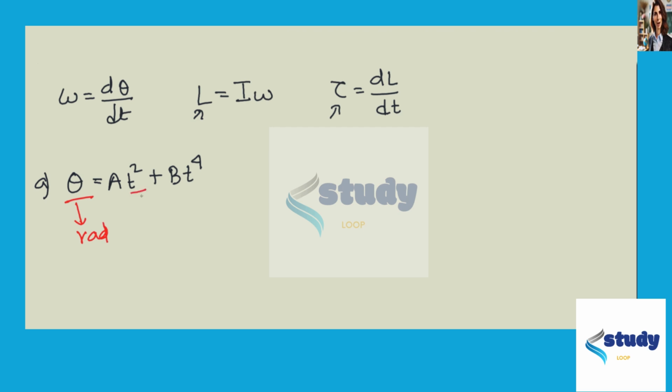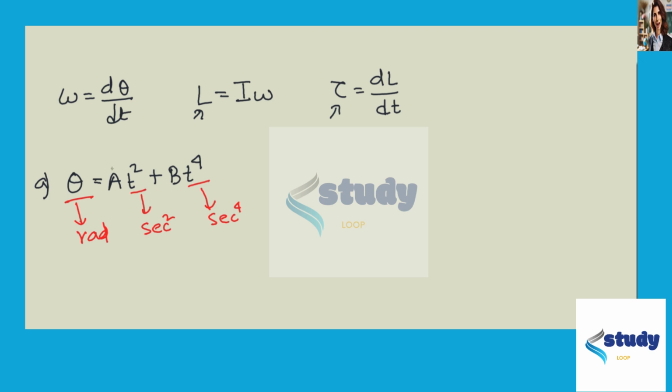The unit of t squared is second squared, and for t to the power 4, it's second to the power 4. So we must have something related to radians here to get radians back, and we need to get rid of the time component. So we'll have just radians here.